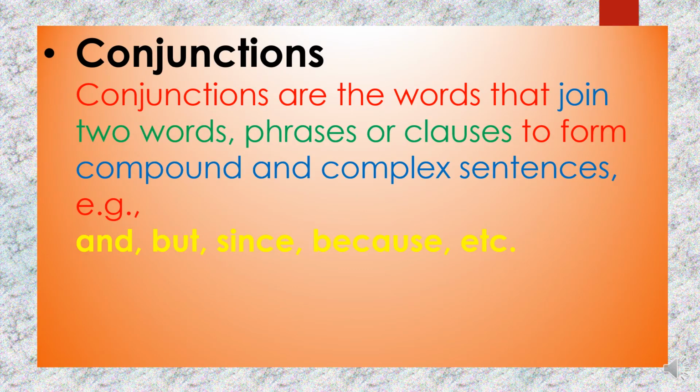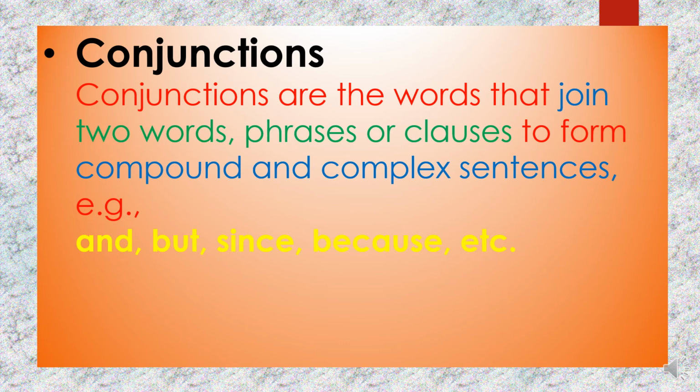Now see the next part, the seventh part of speech, conjunctions. Conjunctions are the words which join words, sentences, phrases, or clauses. They are used to join two words, phrases or clauses to form compound and complex sentences.